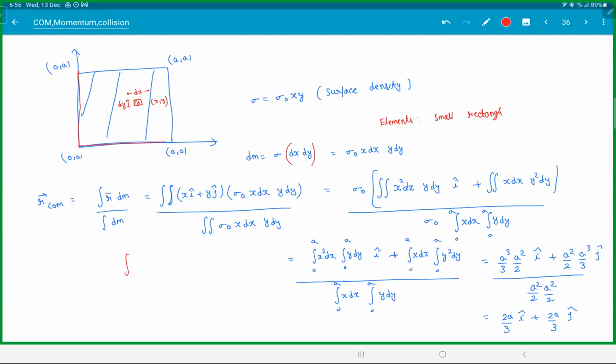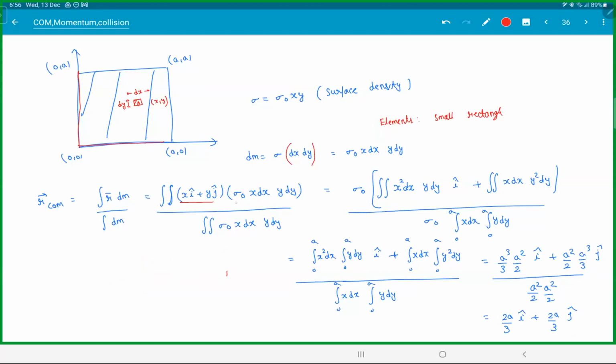Imagine you only try the x coordinate, it will be integral x dm by integral dm. This is fine. So then x will be x only. What will be dm? Dm will be this guy. So this will be i cap. Then this will be y dm by integral dm. That will be j cap. So I did both at the same time.